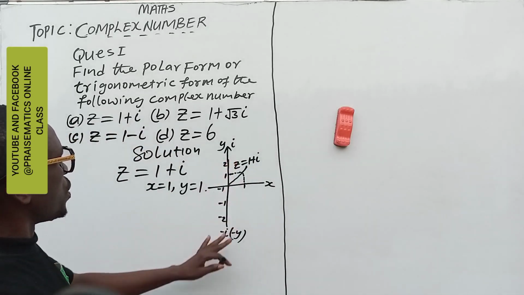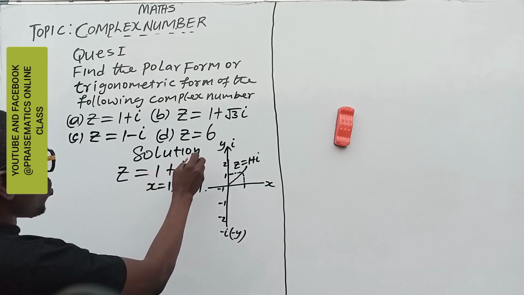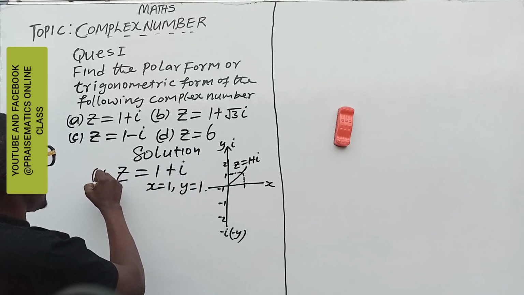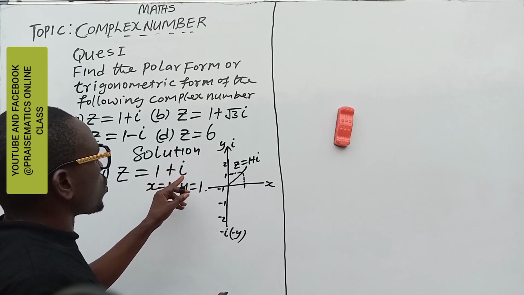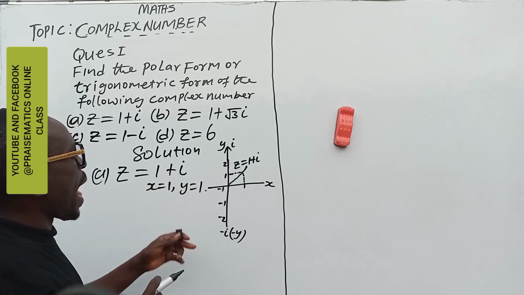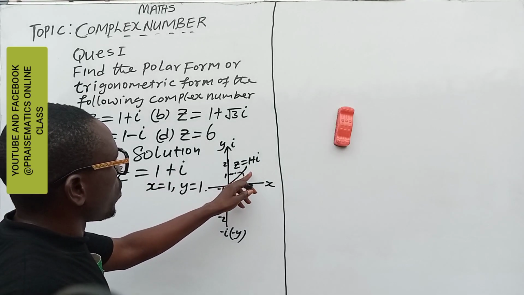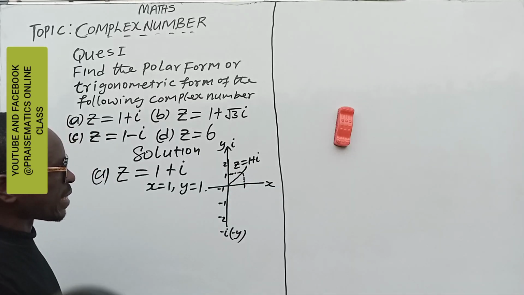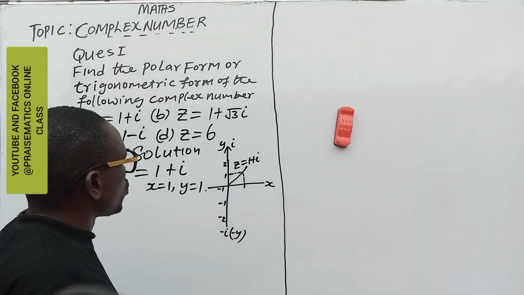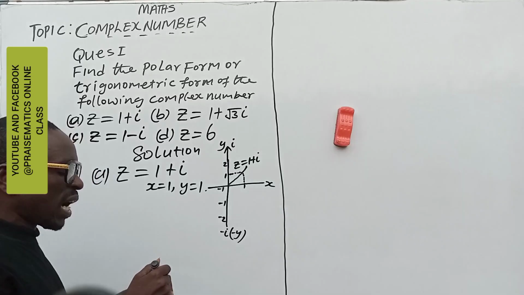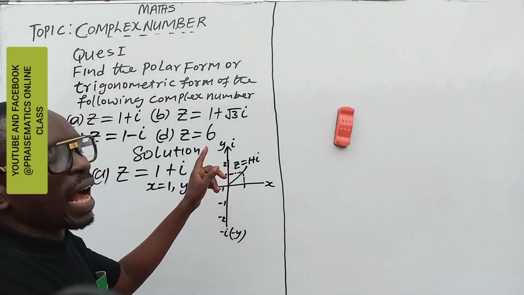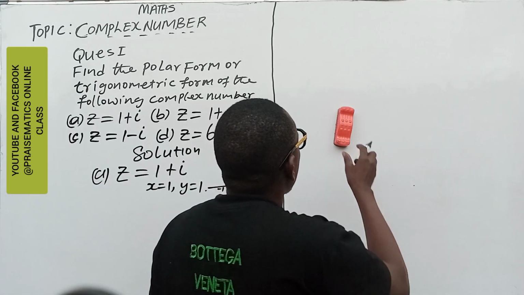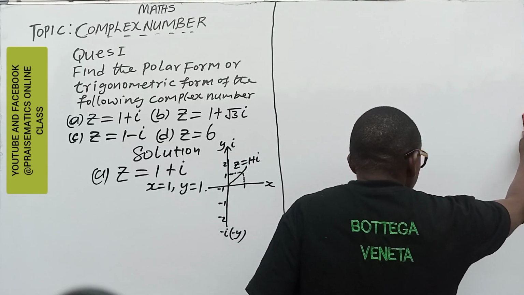So we have already put this solution A, that z is equal to 1 plus i, in the Argand diagram. So now, what do we do again? The first step is to transform the equation into the Argand diagram. Now, second step, what do we do again?